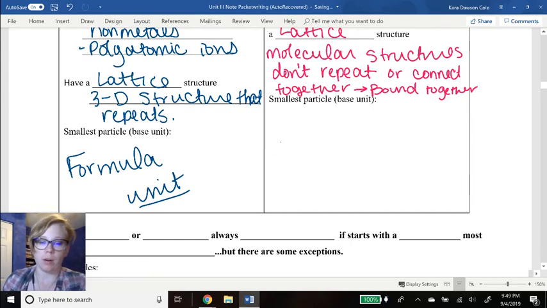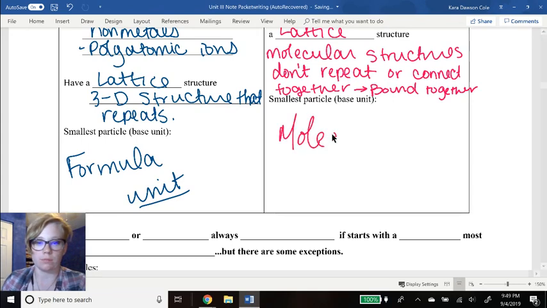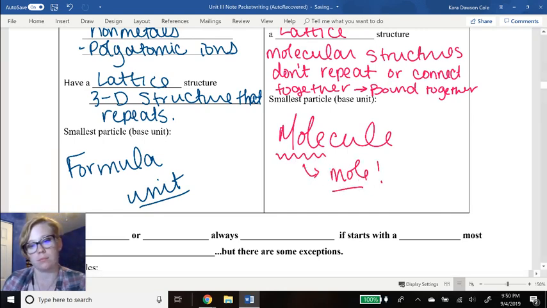The smallest particle, or the base unit, for a molecular compound is a molecule. This is where we get the mole, which we'll talk about in the next chapter.